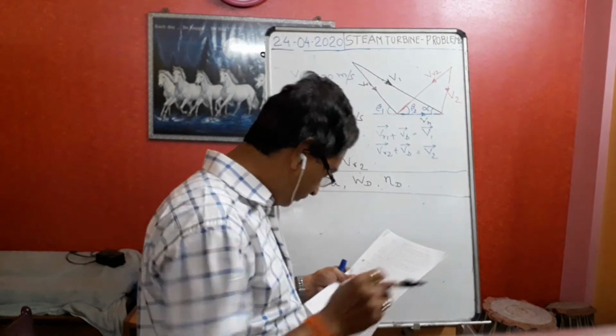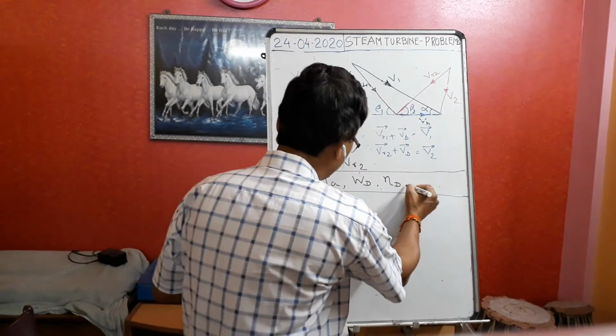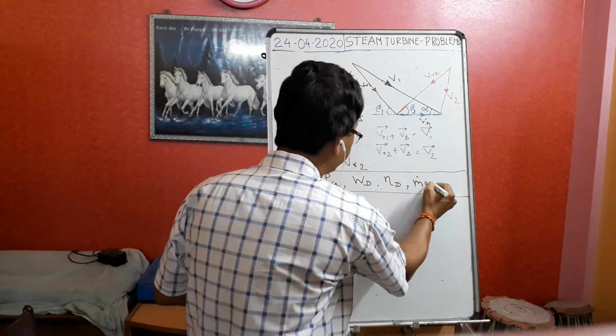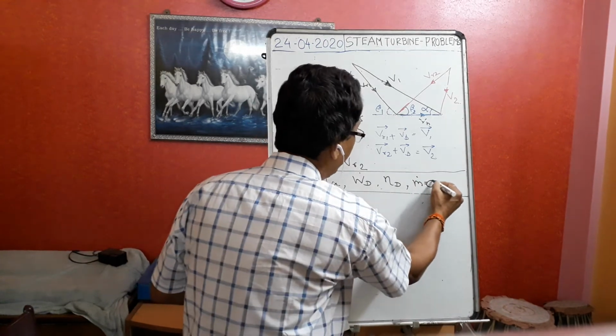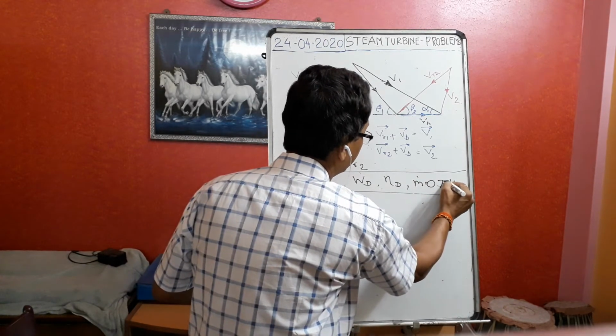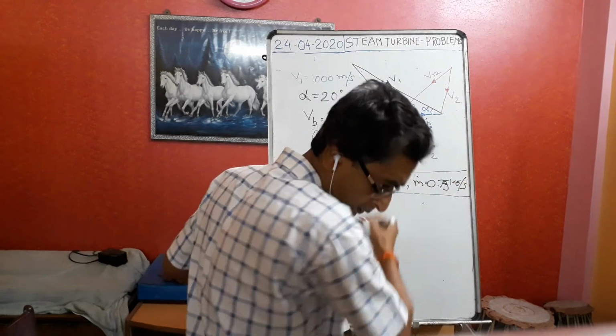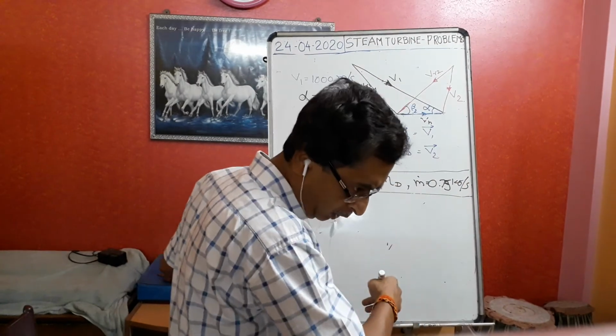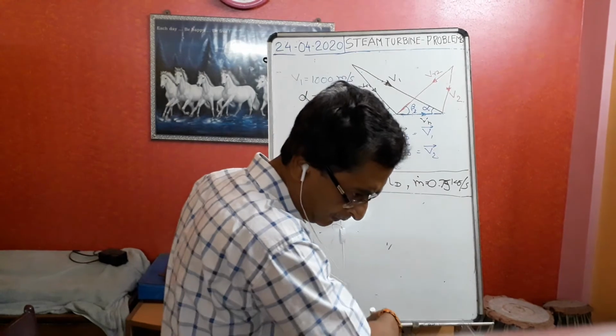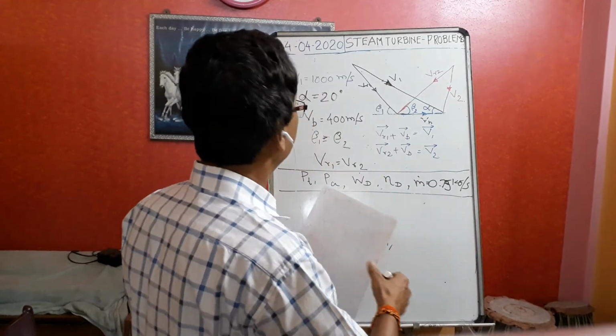And they have given the mass flow, m dot is given as 0.75 kg per second, that is how much steam is flowing inside, which we have to find out.